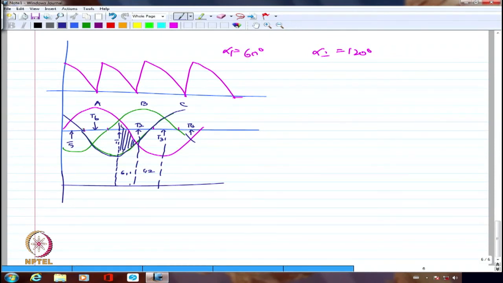What I have shown, that is essentially the kind of voltage that I am going to get. I am showing VAB. Between A and B, whatever is enclosed, I am just shading that. That is the voltage I am getting, VAB. But I am having actually A here and B here.